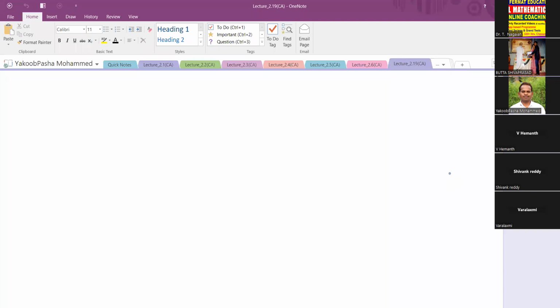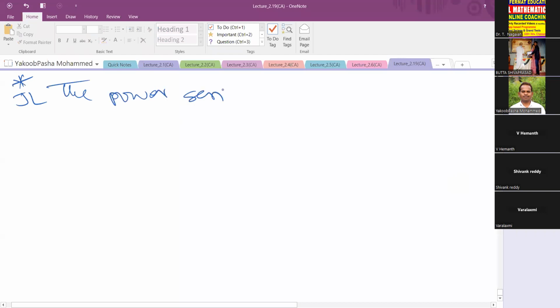Yes. I am taking one problem from JRF. The power series, at the recent Gurukul JRF. The power series summation n is equal to 1 to infinity z power n is analytic.